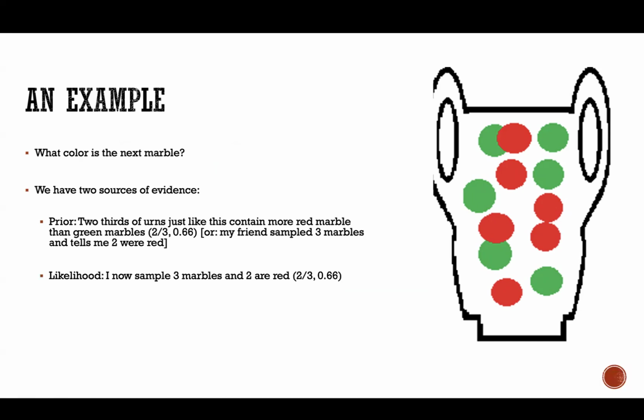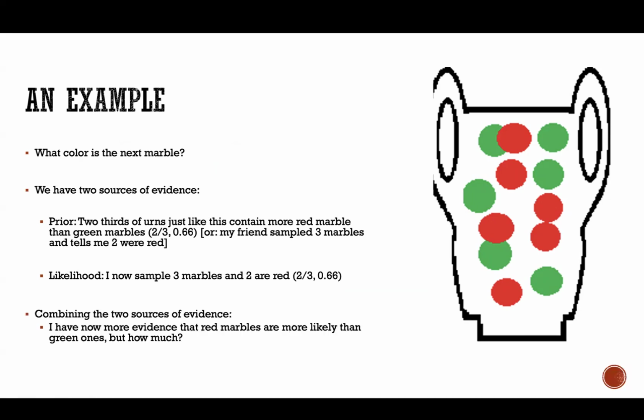Then we have a likelihood, which is I now sample 3 marbles and 2 are red, right? 2 out of 3 is 0.666666 periodic. We need to combine the two sources of evidence, right? It's clear that I now have more evidence that red marbles are more likely than green marbles, but we want to put some math on that.